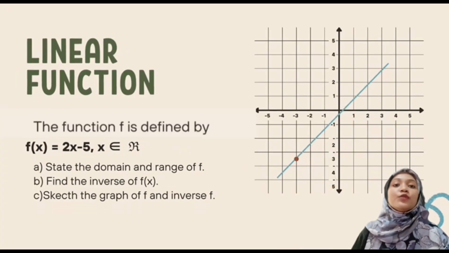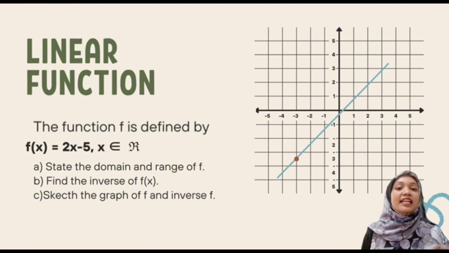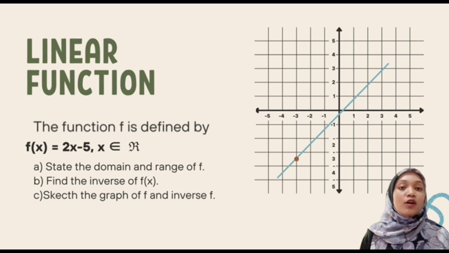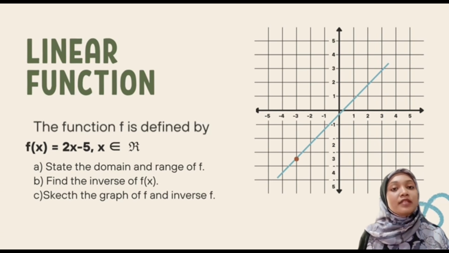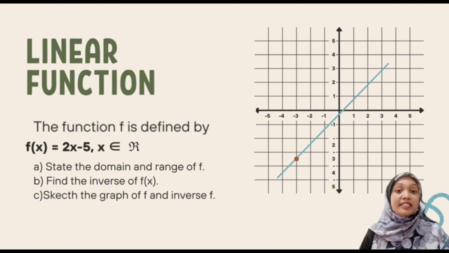So, first we need to identify what type of function it is. We will know it is a linear function because the x in this function does not have a power. So, it is a linear function. Let's read the question first.